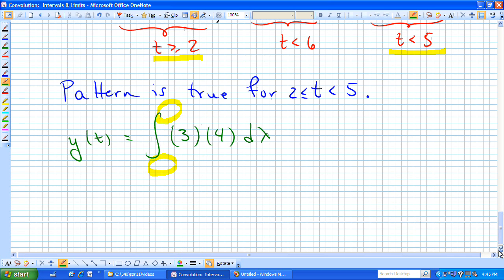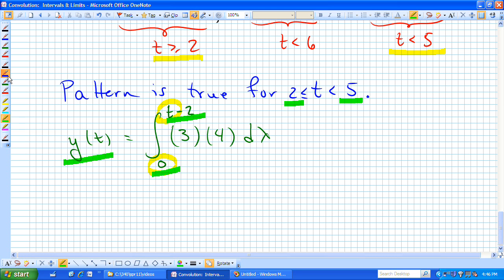So this particular integral is going to be evaluated from a lower limit of 0 and an upper limit of t minus 2. And what I want you to realize is that these limits, t minus 2 and 0, are not the same as the lower and upper values when this interval for y of t is true.